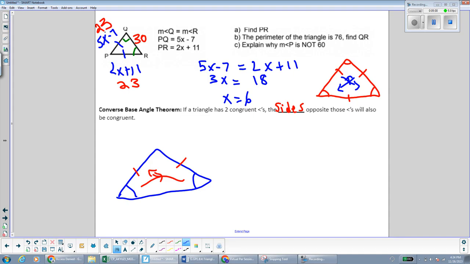That's the converse of the base angle theorem. So if we know that an equilateral triangle has all 60-degree angles, triangle PQR is not an equilateral triangle. It only has two equal sides, so it's an isosceles triangle. So we cannot conclude that angle P is 60 degrees. If this were to be an equilateral triangle, then it would be 60 degrees.